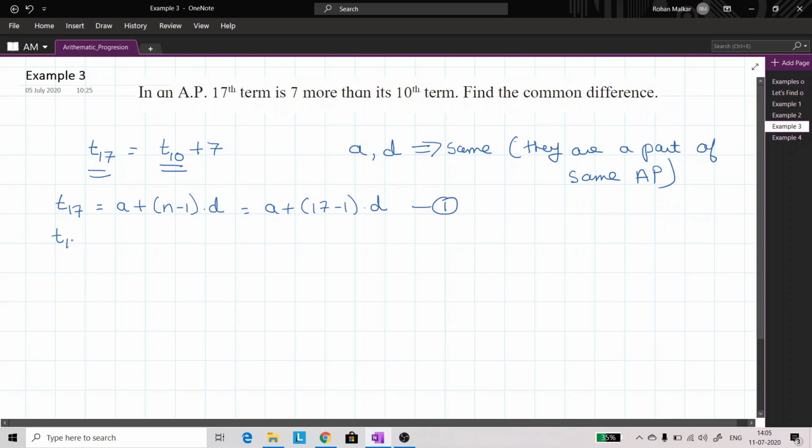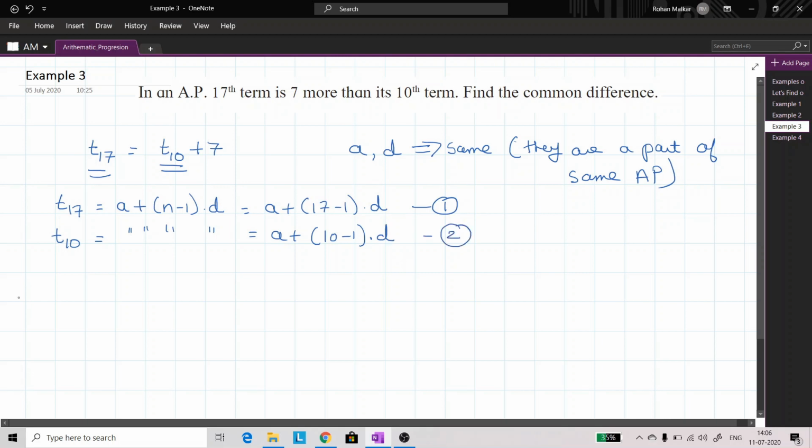Similarly, the 10th term, T10 will be equal to, again I'll use the same formula. And if I use the same formula, I get A plus 10 minus 1 times D. This is the second equation.